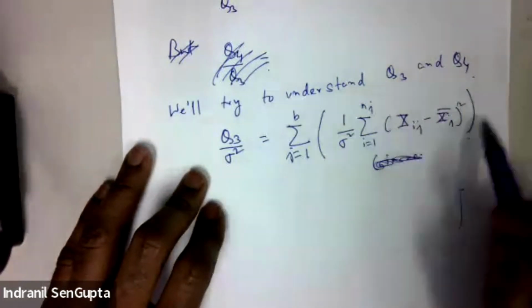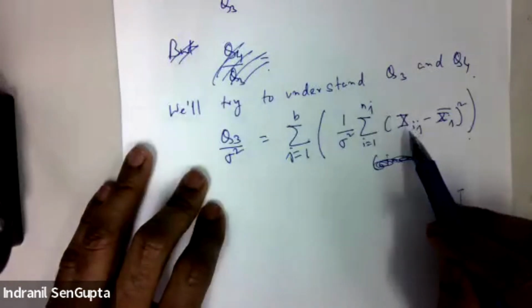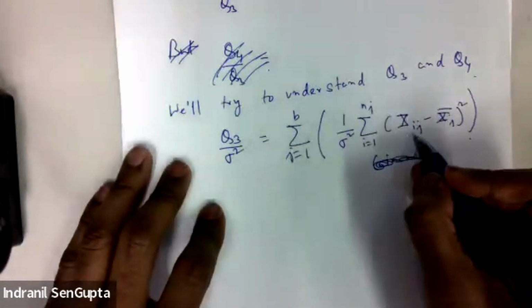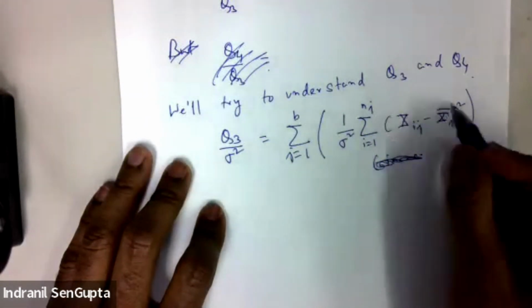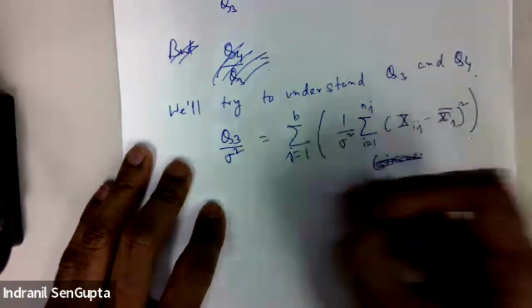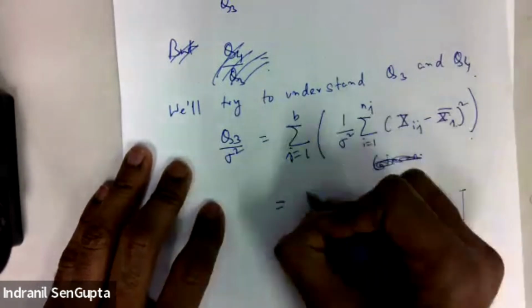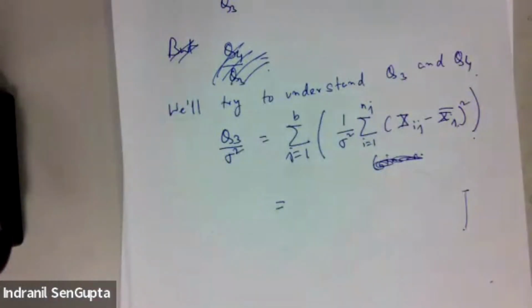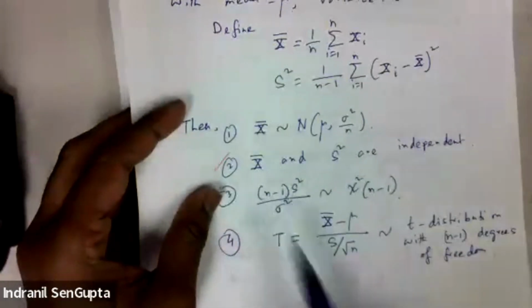So this is basically the sample variance for this particular bucket. I'm going to use this result.